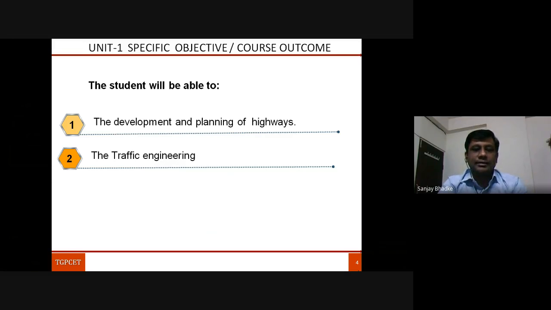They should understand the various infrastructure related to transportation engineering. Second is, what is traffic engineering, and how is traffic engineering related to our daily life. So these are the main specific objectives which we are going to discuss in this topic.